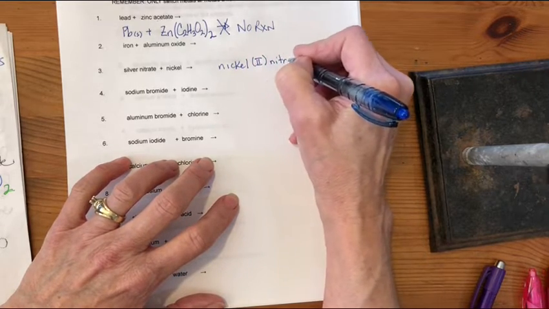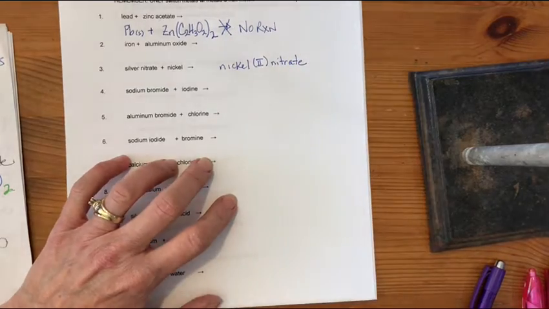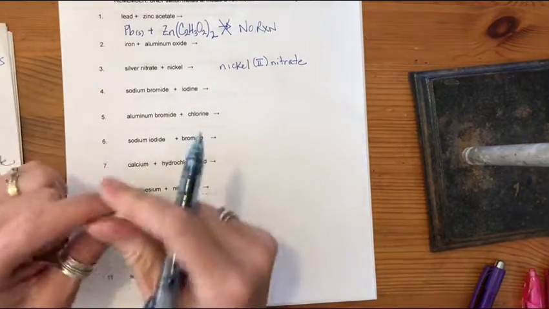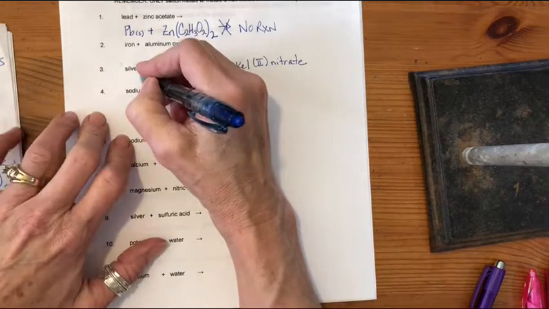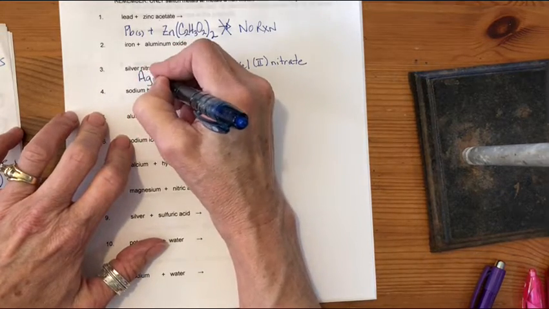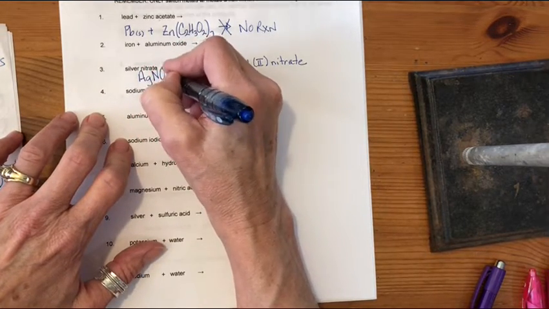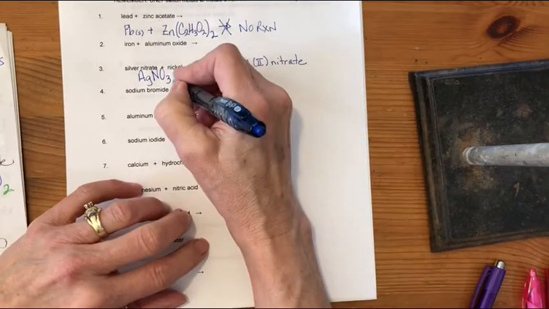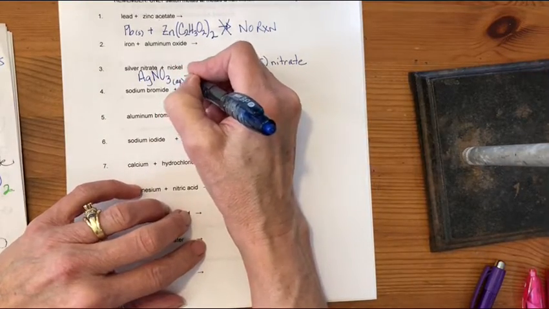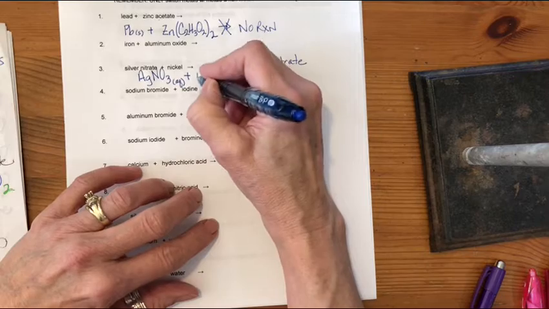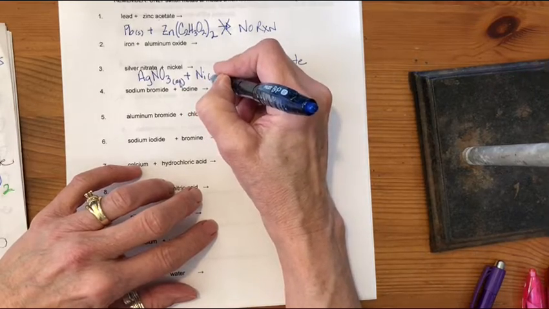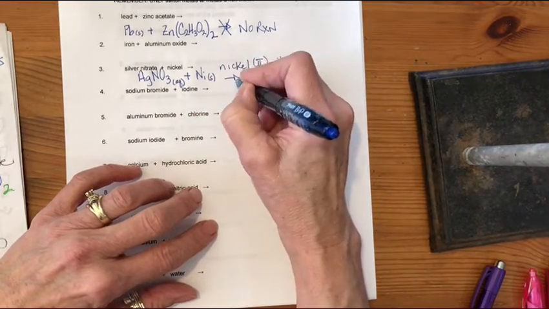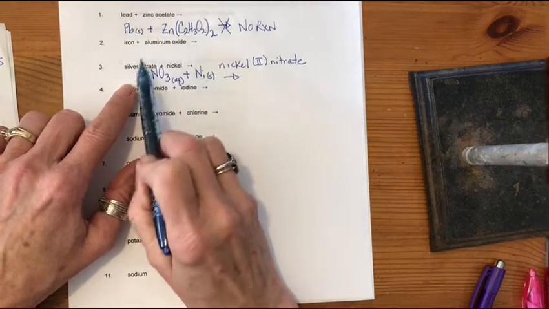So that should help you out a little bit. So silver nitrate, that's the stuff that we use in the little brown bottles. You'll see that in the lab next week. Ag is silver, NO3 is nitrate, +1, -1. And nickel is a metal at room temperature. It's a solid. So can nickel bump silver?